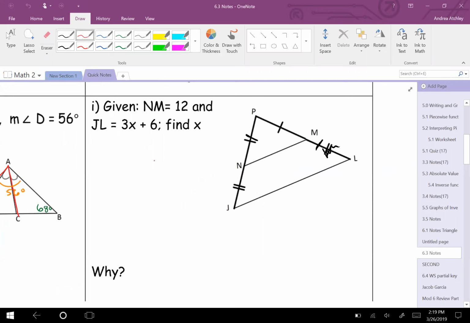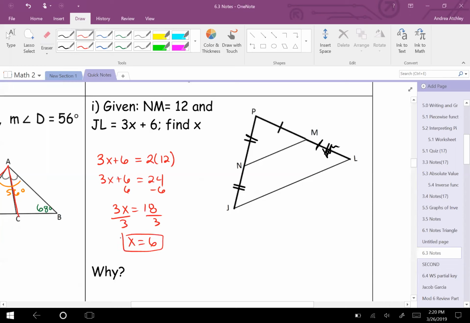So we should have 3x plus 6 equal to 2 times 12, because it's twice as big as 12. So 3x plus 6 should be equal to 24. Then we subtract 6. We get 3x equals 18. Divide by 3, divide by 3. We get x equals 6.